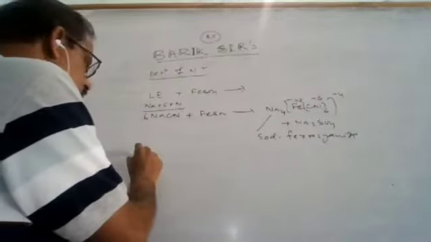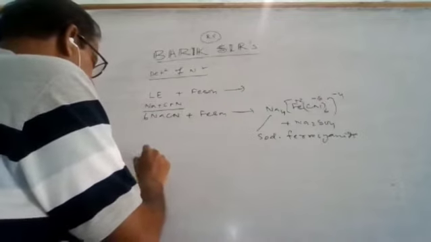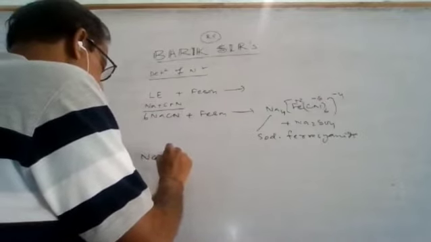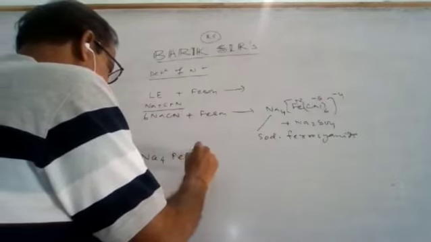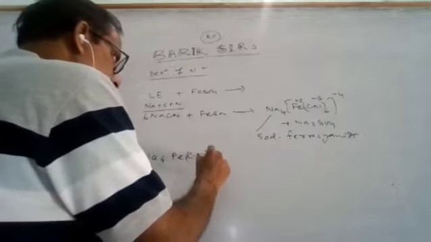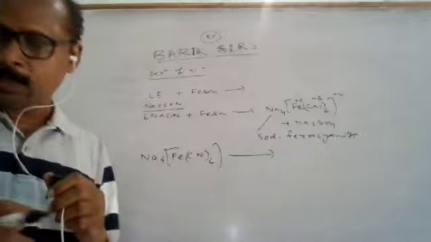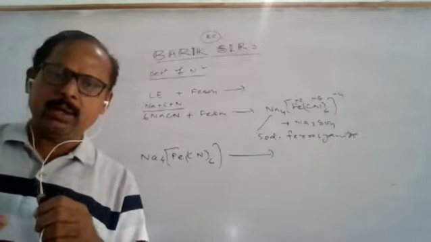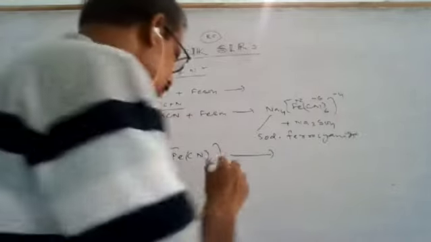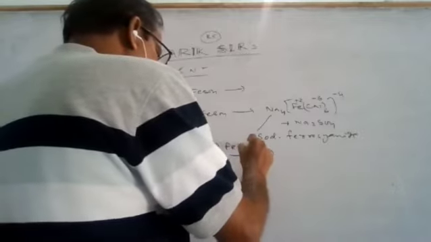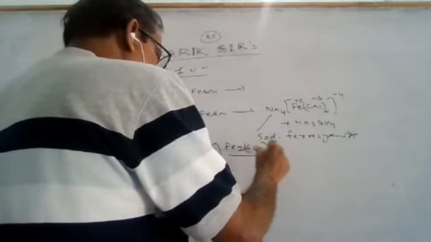Some of the ferrous form is converted to the ferric form also. It is not needed to add ferric sulfate, but if you add it, it also gives the product, and without adding it, it will also give the product.